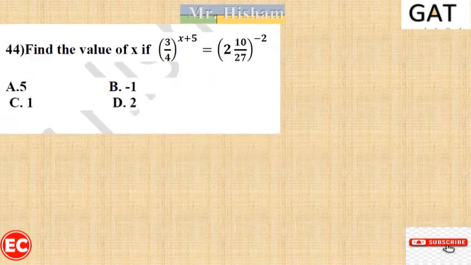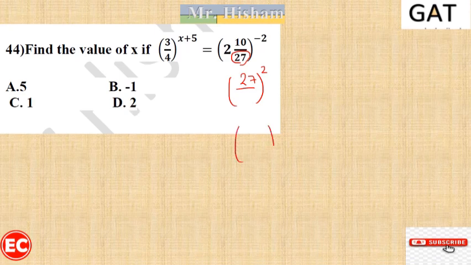Question number 44. It says find the value of x if (3 over 4) to the power of x plus 5 is equal to (2 and 10 over 27) to the power of negative 2. My advice to you in this question is not to look at the whole fraction, just look at the 27. If we flip the 27, we are going to flip the power.